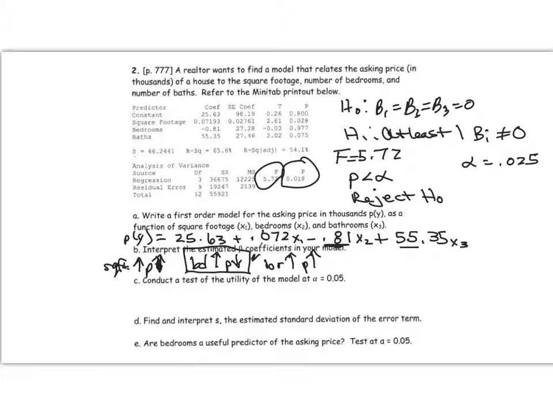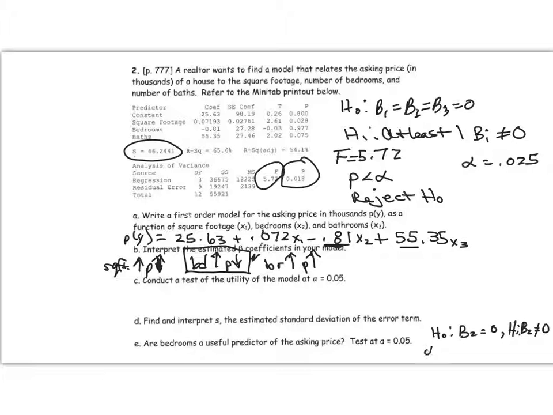The standard deviation of the error term, you'd find that here. That's 46.2441. Okay. Are the bedrooms a useful predictor of the asking price? So we're going to say that is our second beta. So our null hypothesis is that our second beta is 0. Our alternate hypothesis is that it's not.